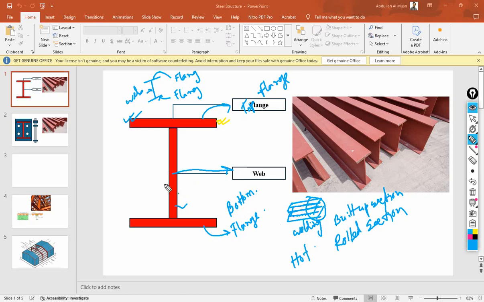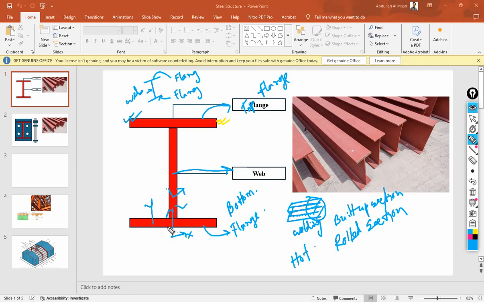So these are called hot roll sections, which are made in a factory. For these types of sections, there are basically two axes. One is the y axis and the other is the x axis.